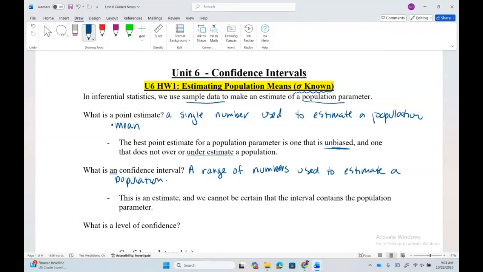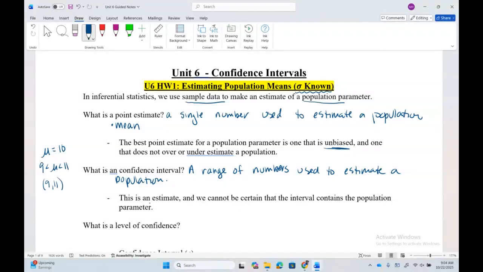So, for example, if I think that a population mean is around 10, I could say that the population mean is between 9 and 11, like an inequality where that population mean is between those numbers. Or I could use what's called an open interval and say (9, 11), something like that.